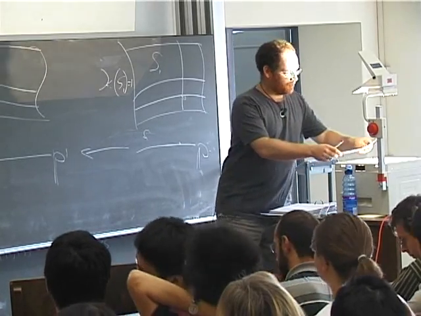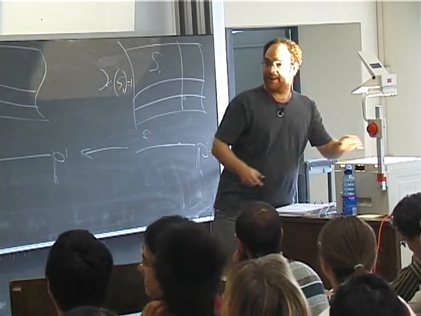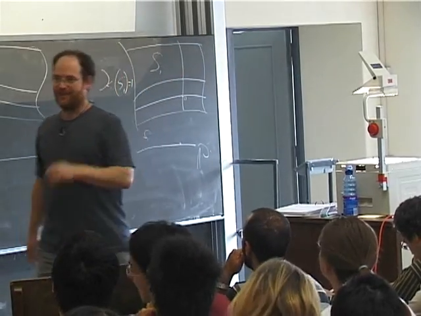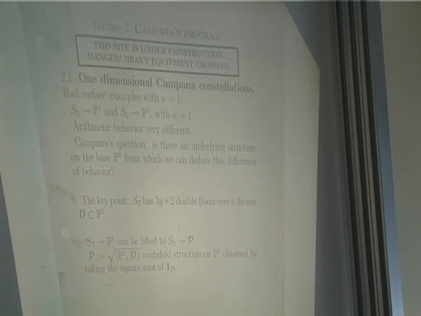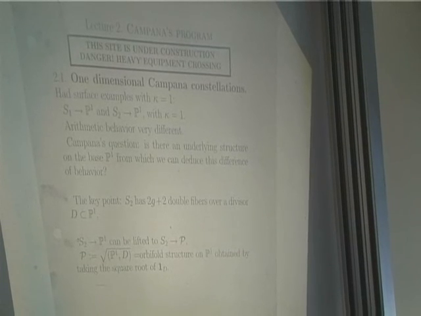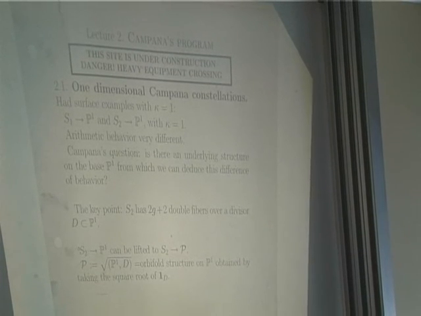So in the next 2 minutes, I want to just philosophize a bit about what's coming. And what's coming is Campana's program, whose goal is exactly to understand what comes in between. You're surprised that your name is appearing here, right?